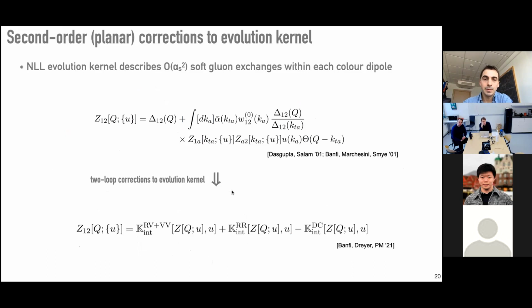A second problem, though, is, you remember, we also need to upgrade the evolution of the soft factor S2, that now needs to evolve according to the 2-loop evolution kernel.